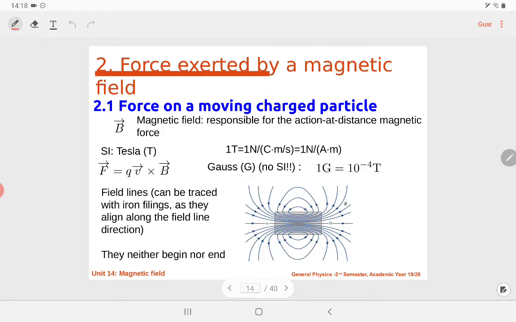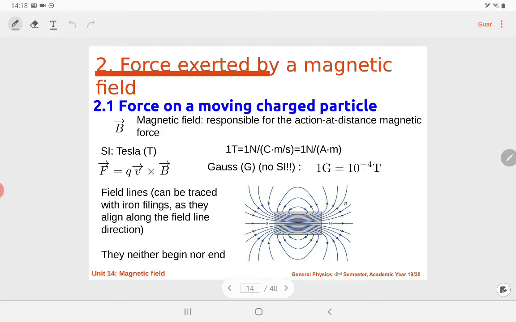They are completely closed loops. They just enter through the South Pole and exit through the North Pole. You can also trace them quite easily in reality by using iron filings, as the iron filings align along the field lines.